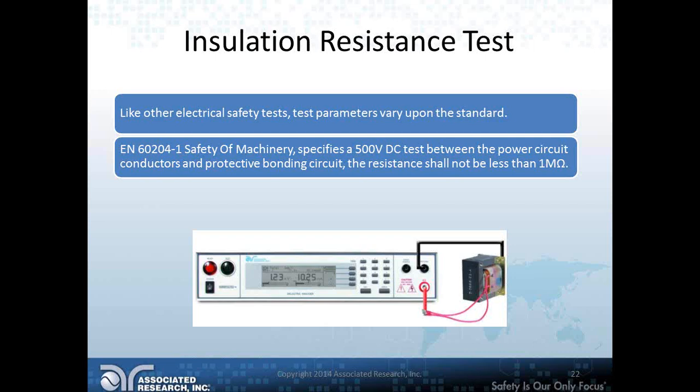The red wire connection is where the high voltage is being output from the tester, and it's applied to the primary side of the insulation of the transformer, and the return connection, the black wire, is connected to the secondary side, and the result will give a value of the insulation in megaohms.